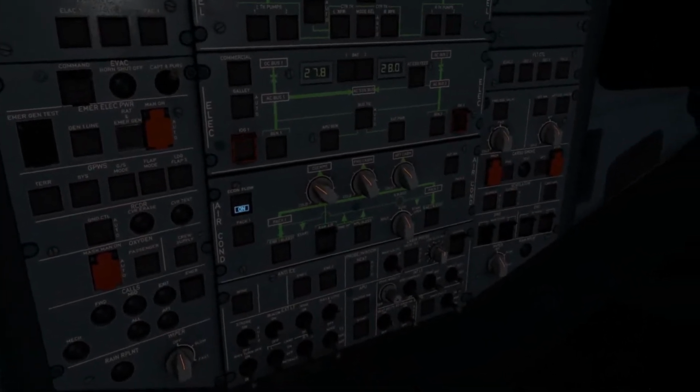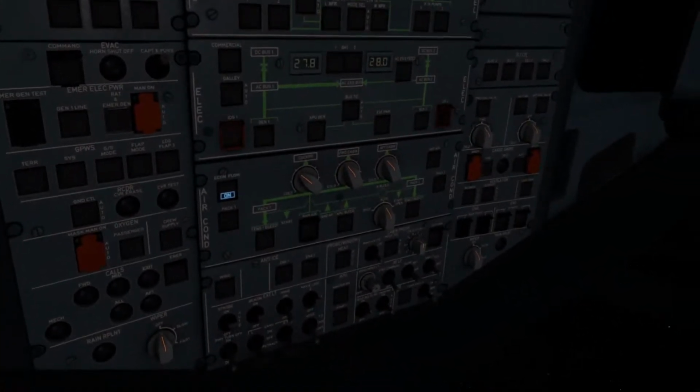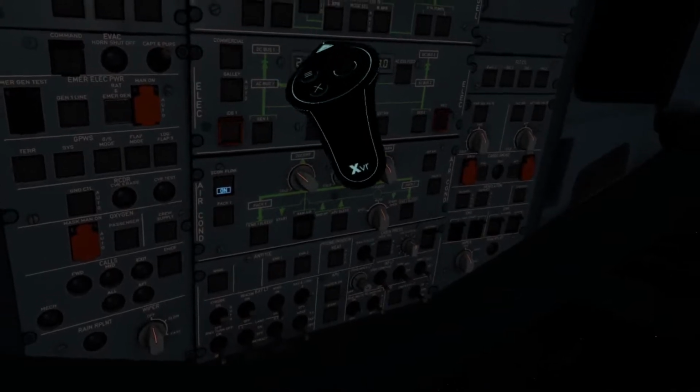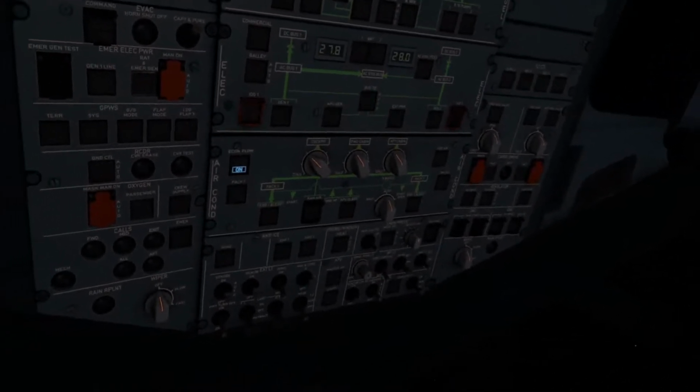You can see the fuel system is a bit different. This will probably be used once the developers code this in as well, because this is a bit different from the standard A320 and 319.